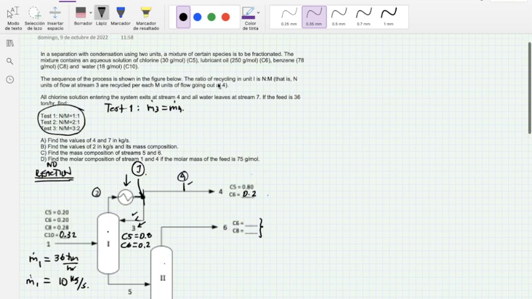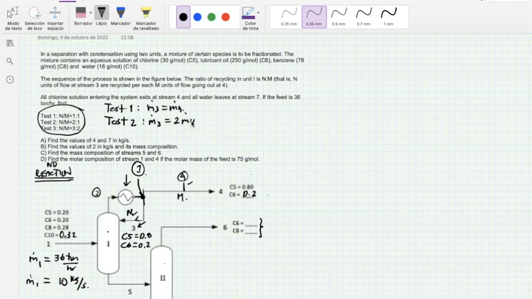What does this NM mean? This is a relationship between the mass flow at N and the mass flow at M. N and M are just 3 and 4. This one is N and this one is M, just 3 and 4, but it's just another way to call it. Now for test 2, for the second case, M3 is twice M4.